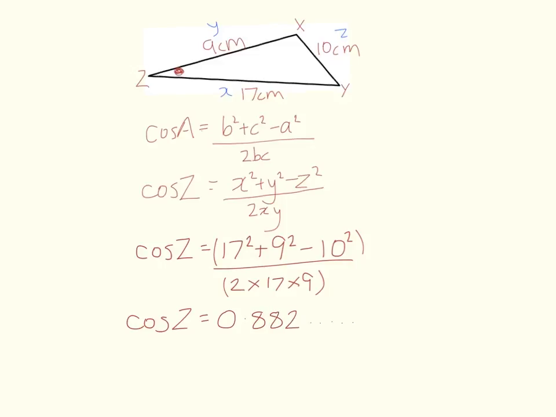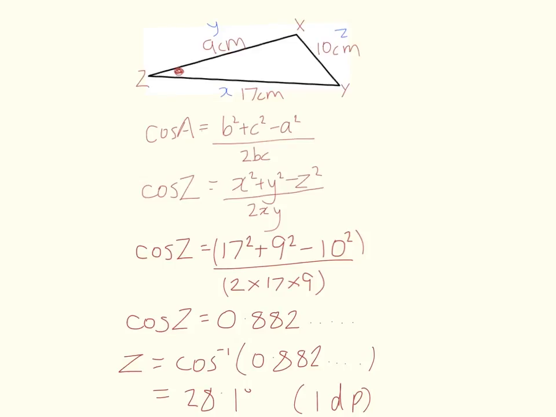Keep that number on your calculator. Okay, and then to find out z, you'll do cos inverse of 0.882. On your calculator you can just press cos inverse of answer, and when you do that you should find that your angle is 28.1 degrees, and that is to 1 decimal place.